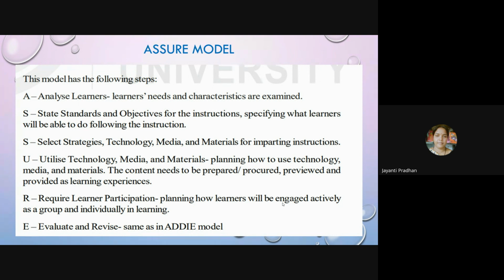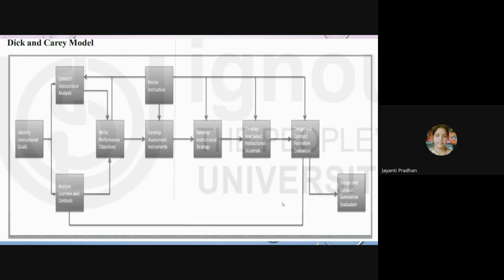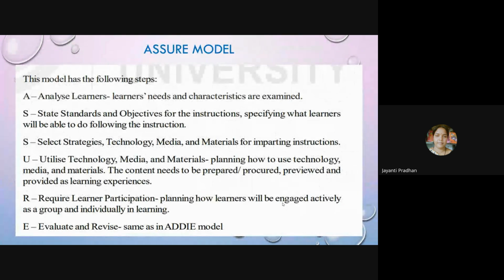Okay, in the Dick and Carey model you can see here, right? Performance objectives, that means here also objective is there. So state standards and objectives: here one thing is added, the state standard. If we are implementing this model for a particular program in our state of Odisha, what are the state standards? Because state to state, nation to nation, many things vary on the basis of the context and learning needs of the learner.